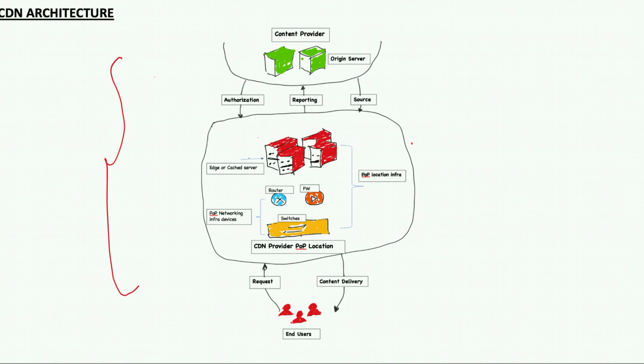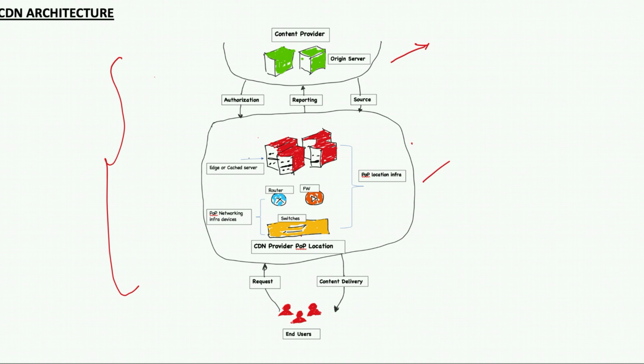First is the content provider. This is the actual provider who provides the web resources to their end users. In our example, we saw Netflix, which is the content provider, which provides the movies and web series to its end users.